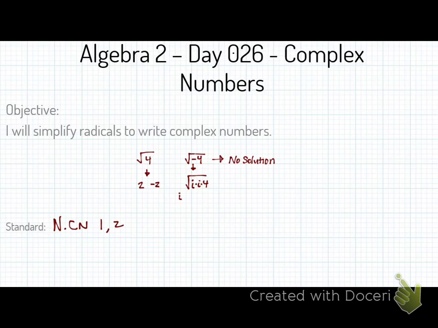What's the square root of 4? 2, right? Is there anything else left inside there? No, so then we would say this would simplify to be 2i, which is an imaginary number.